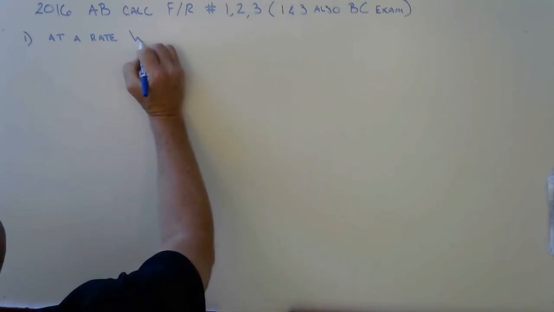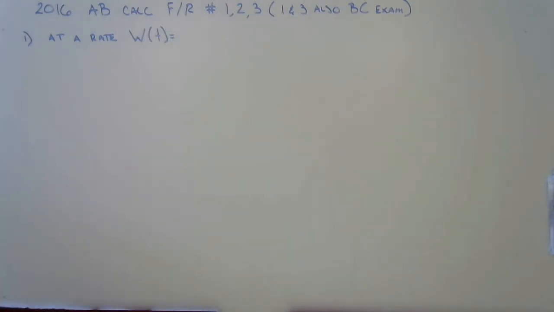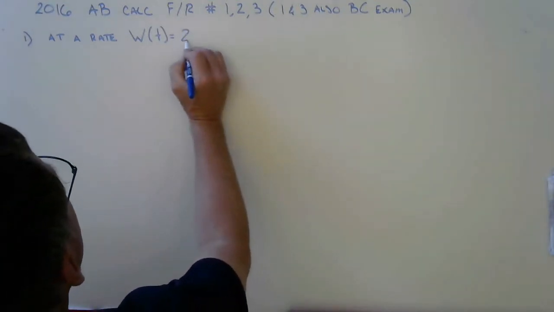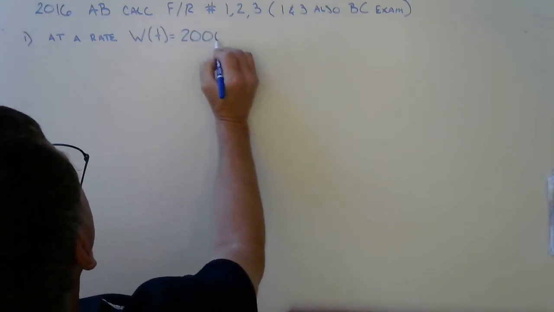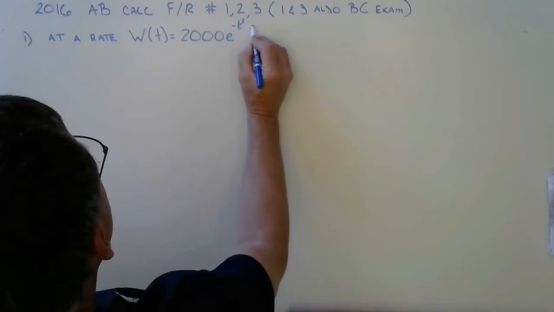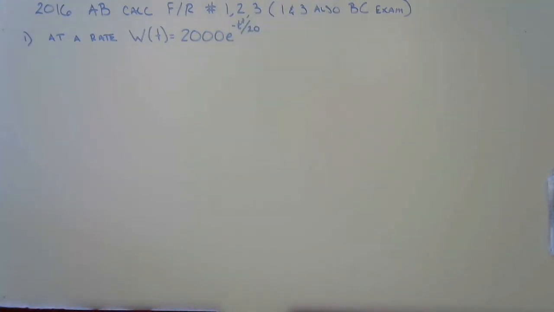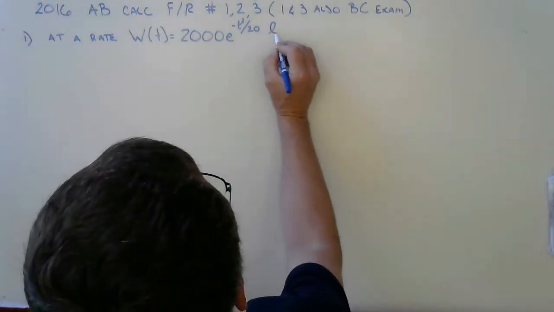They tell us W of t equals 2,000 e to the negative t squared divided by 20. That's liters per hour.